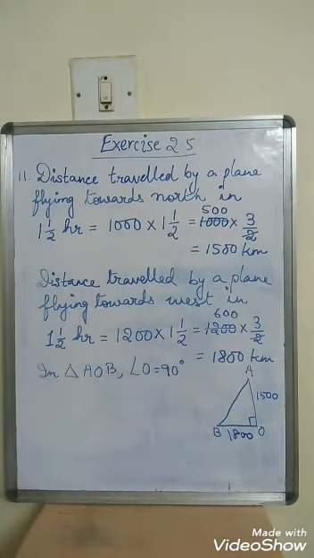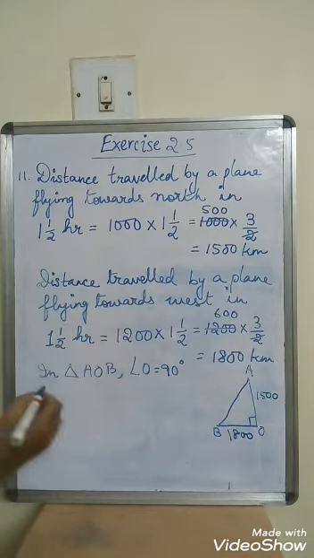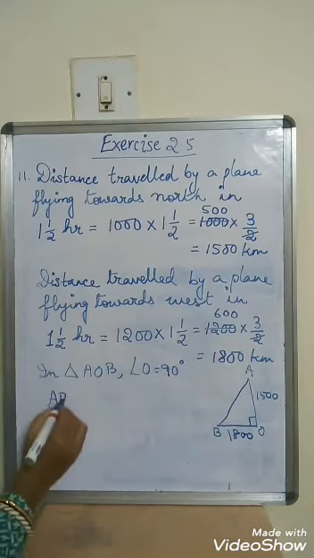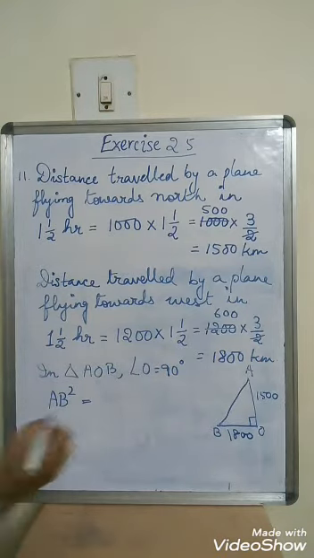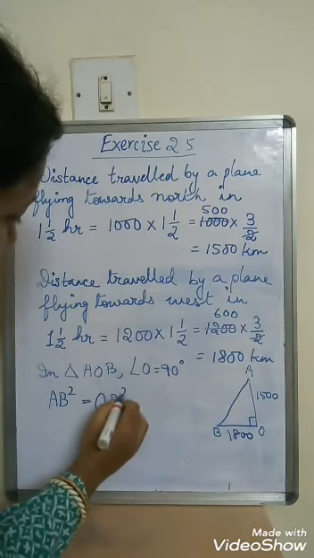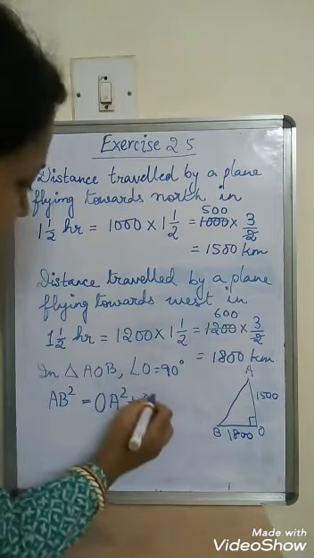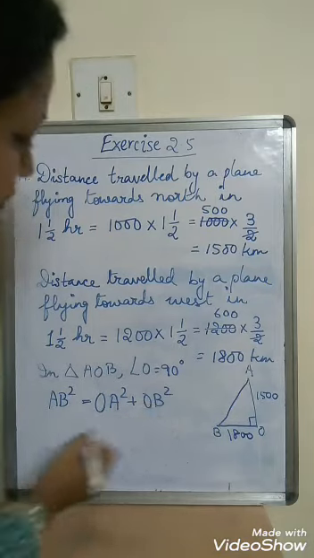Now, according to the Pythagoras theorem, it will be AB square is equal to OA square plus OB square.